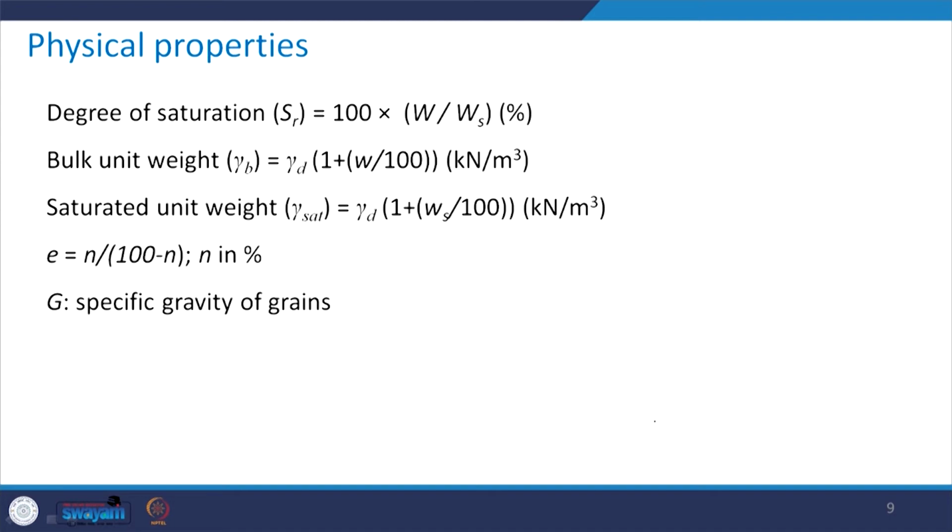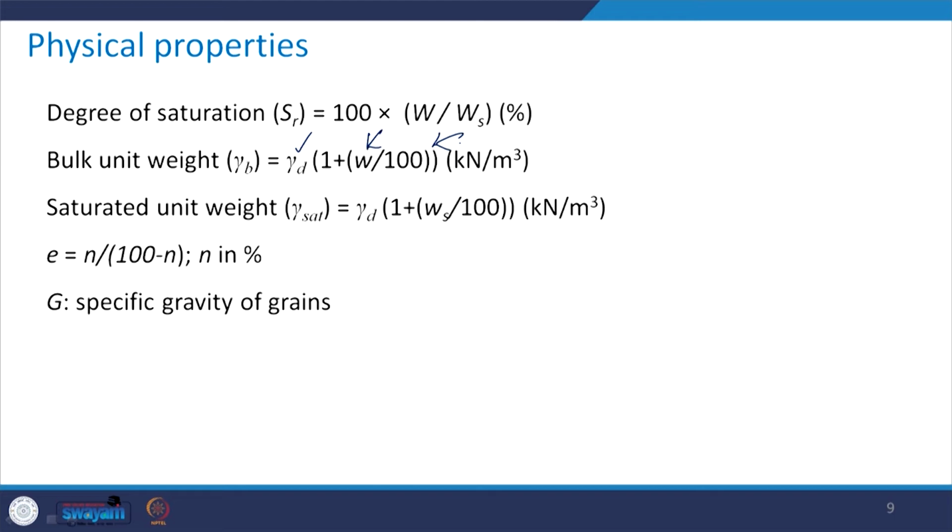Then degree of saturation, bulk unit weight. Here you see the dry unit weight that we have already obtained, and the water content, which should be in percentage, and you use this expression to obtain the bulk unit weight.